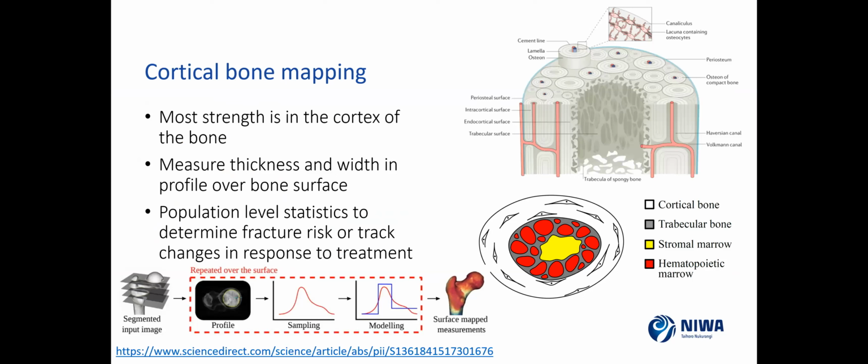So the hypothesis basically was, if we in some way estimated or inferred properties of this endocortical surface zone, could we better discern who might suffer a fragility fracture?